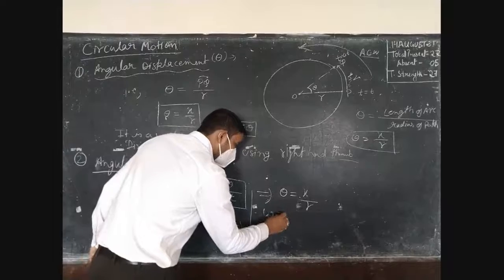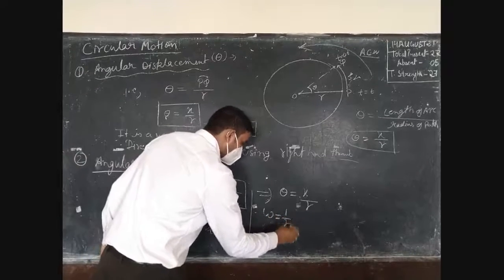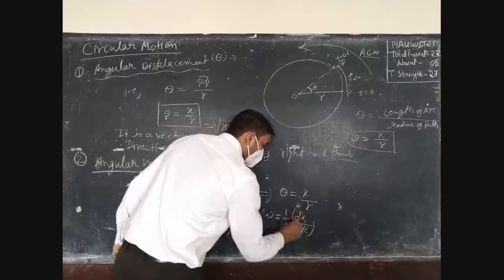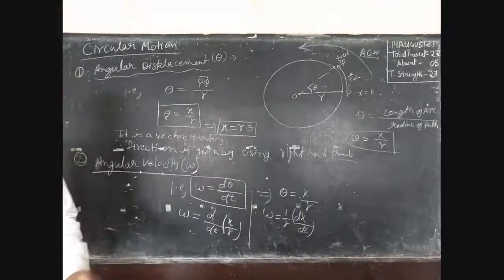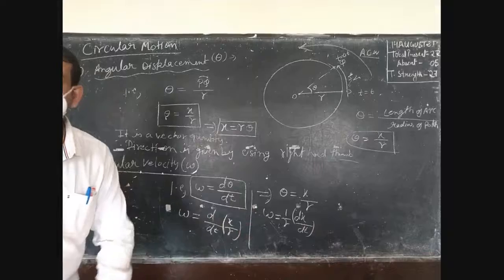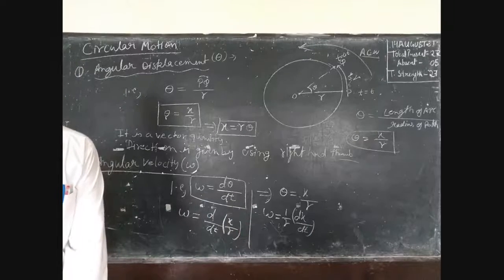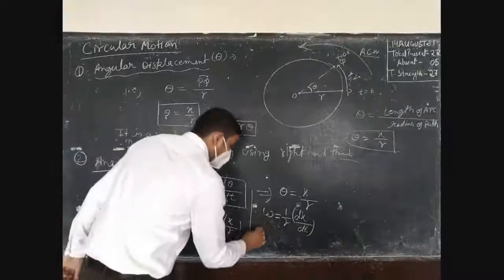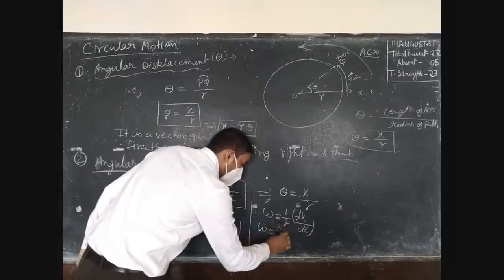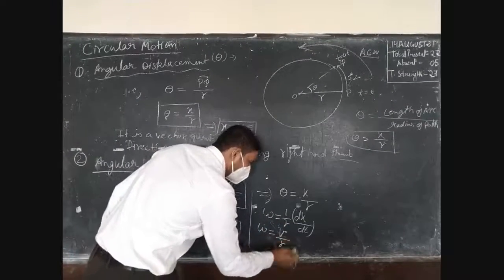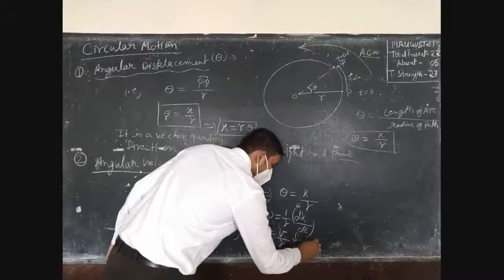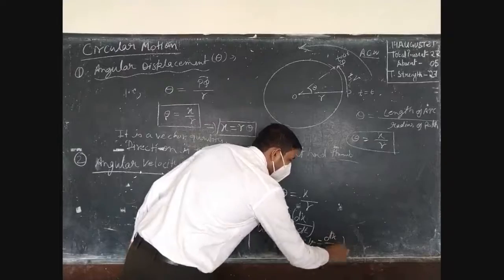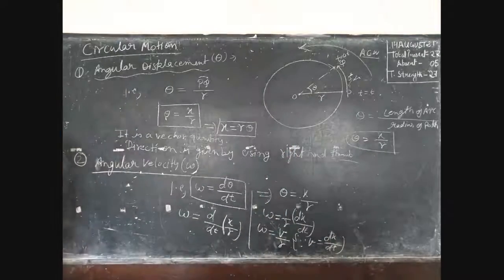So omega is equal to 1 upon r times dx over dt. And you know that the differentiation of displacement with respect to time is linear velocity. So omega is equal to v upon r, because v is equal to dx over dt, the rate of change of displacement.